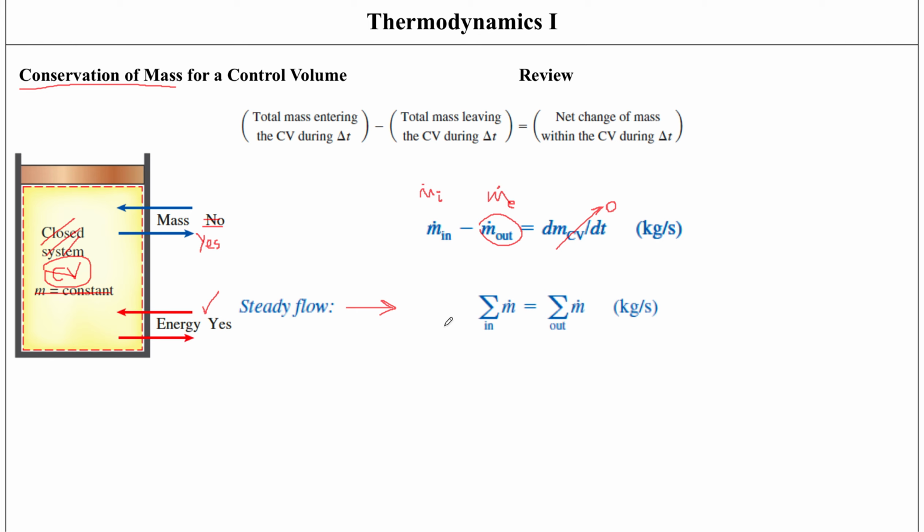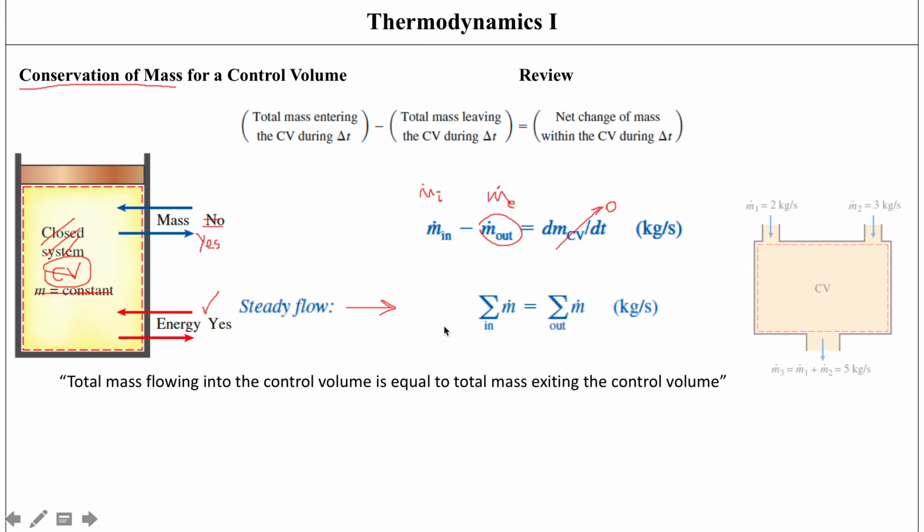And just to give you an example of what this means, if you were looking at a system with 2 inlets and 1 outlet, then the total mass flowing into the control volume, which is m dot 1 in this case, plus m dot 2, is going to be equal to the total mass exiting the control volume, represented by m dot 3 over here.